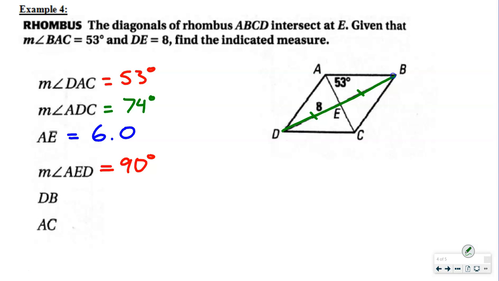So this side also has to be 8, so the entire length is 16. And then AC, we found what x was. This was 6, so this also has to be 6. So AC, the entire length is 12.